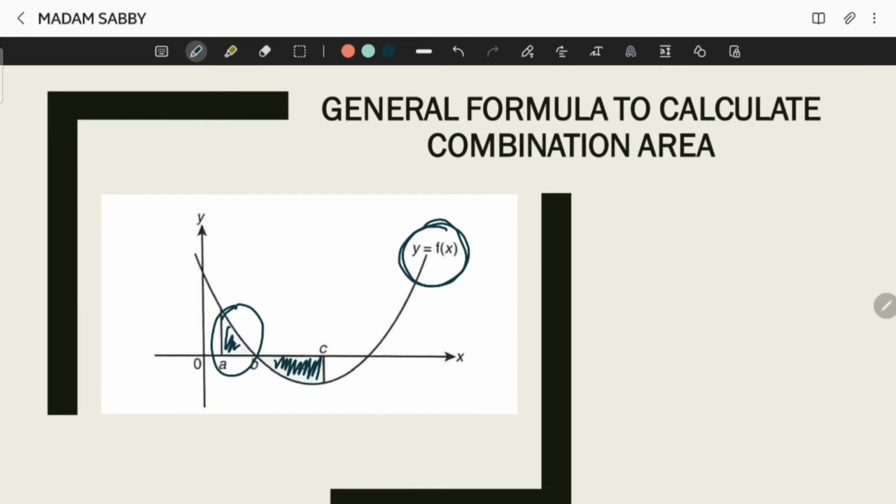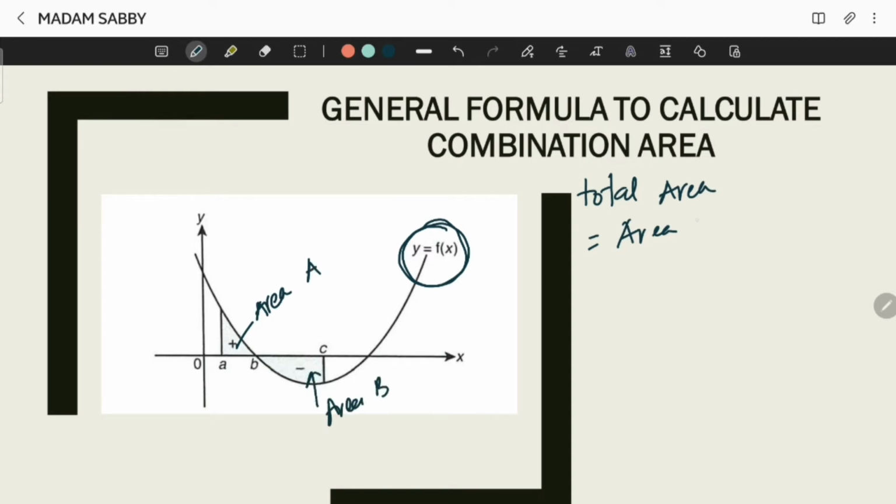If we are looking for the total area, we need to label it. Let's label this one as area A and this one as area B. Total area equals area A plus area B.